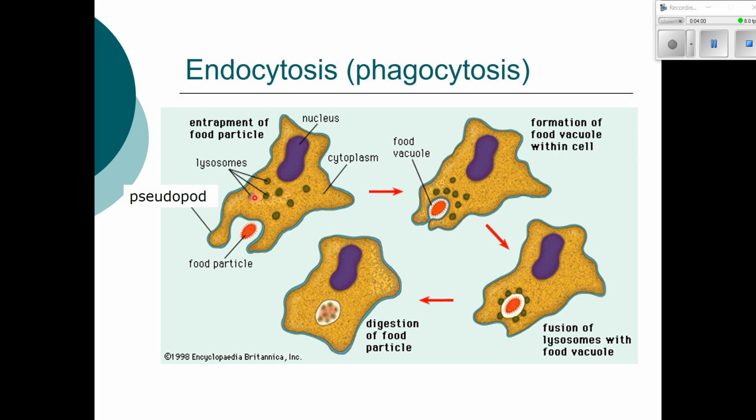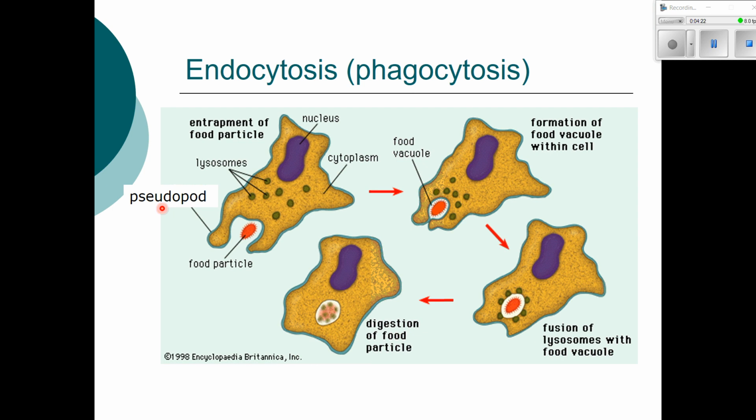And notice it has the ability to change shape and fold out part of its cytoplasm and change the shape of its plasma membrane to create these almost leg-like protrusions called pseudopods or pseudopodia.